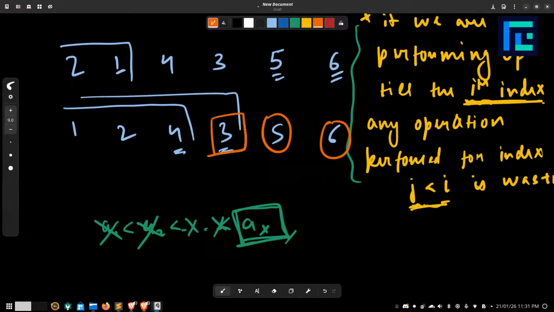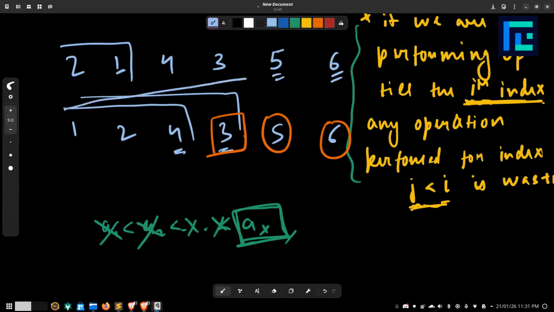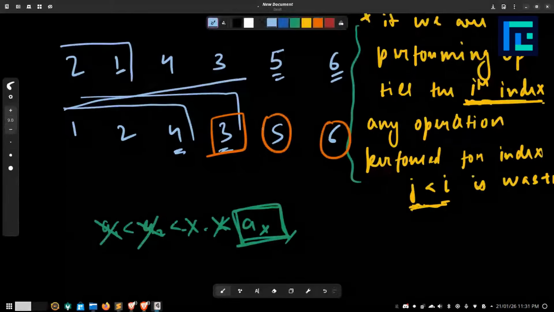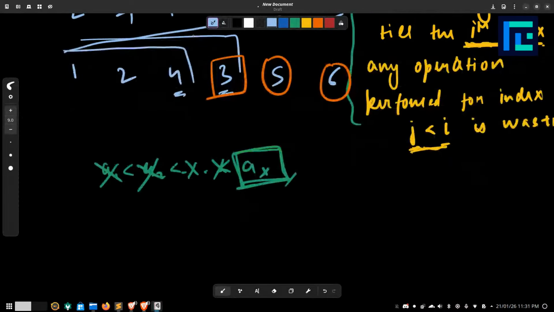But 3 was not in its position, so we need to do some operation that has an index greater than the index of 3, because we need to include the 3 in an operation so that the 3 gets placed to its correct position. So we will at least need to perform an operation till this index.